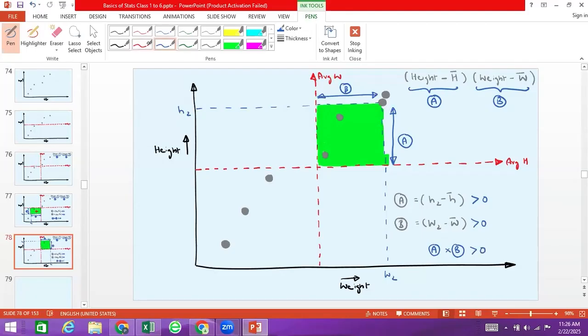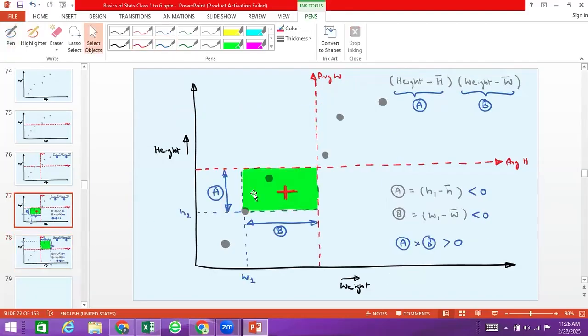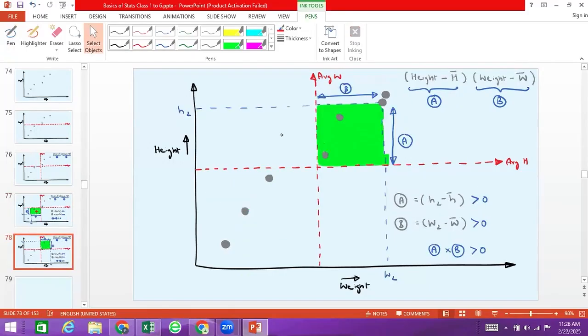Positive, right? So you will observe that all the points that I have in this quadrant will lead to a positive area. You can take an example of other points also, and you will realize that all the points in this quadrant also lead to a positive area.